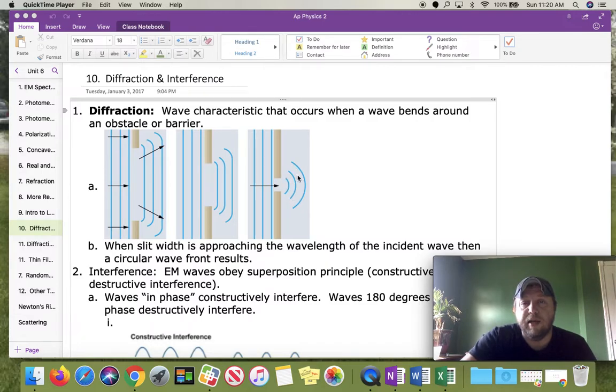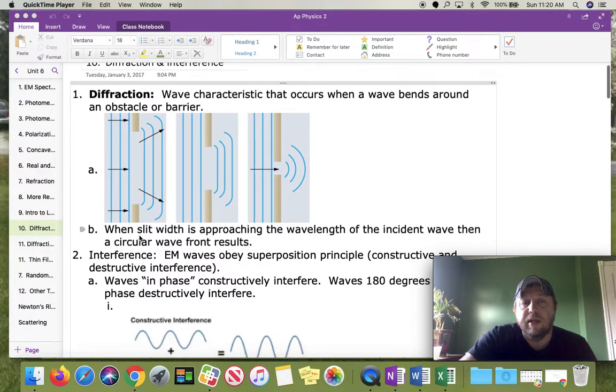So we will get these circular wavefronts propagating out. Basically, when the slit width approaches the wavelength of the incident wave, a circular wavefront results, and we will say that this behaves as a singular point source. So once again, if I use that term, just imagine dropping a pebble right here, and we would get these circular wavefronts that would result from that.